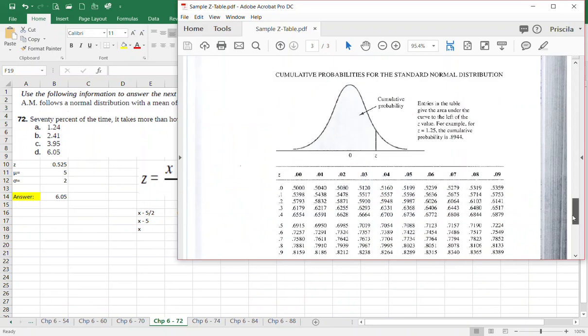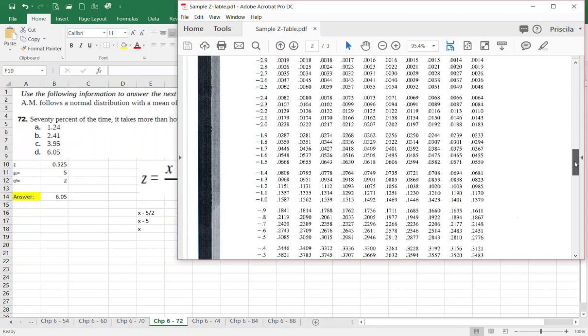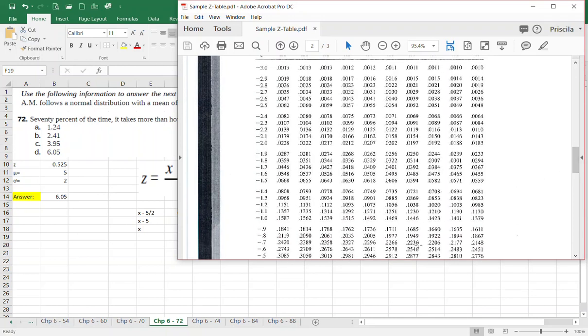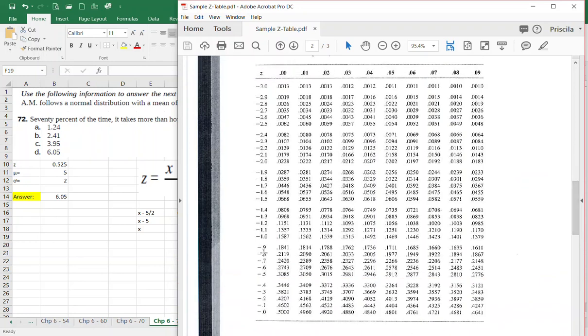So in that case, I would find 30, which is exactly the remaining. So if you look for minus 0.525, it would be about, so there's my 0.5, and then I look for the 2. That's about 30%.